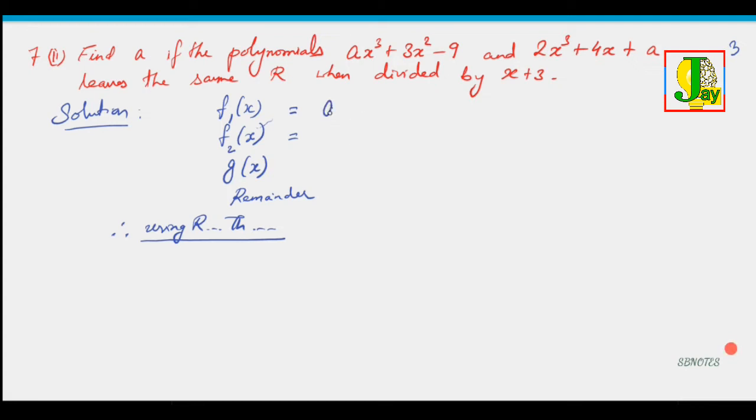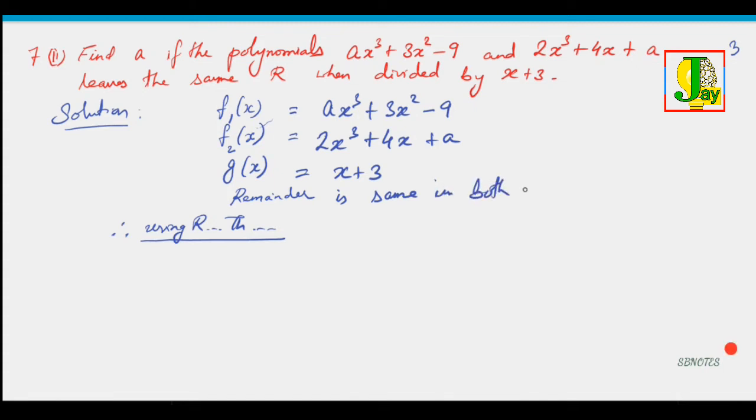So ax cube plus 3x square minus 9, and the second one is 2x cube plus 4x plus a, and the number that divides, the divisor, is x plus 3. The remainder is the same in both cases.